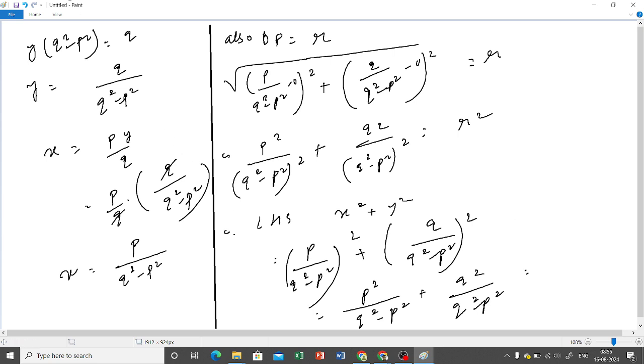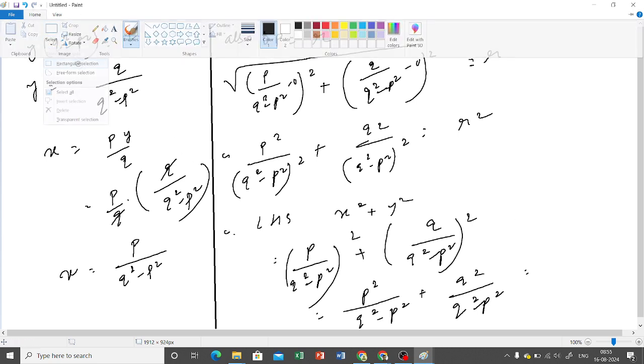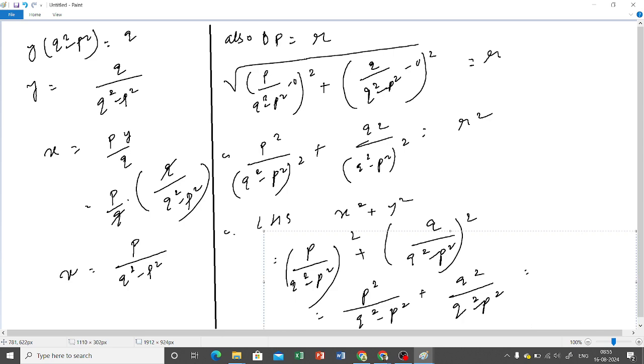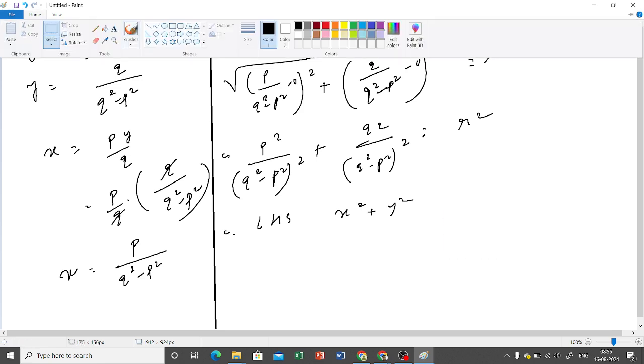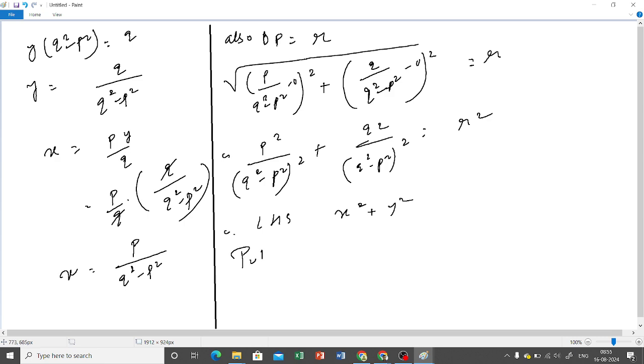Oh, prove that one. Putting P comma Q, there is P square plus Q square.